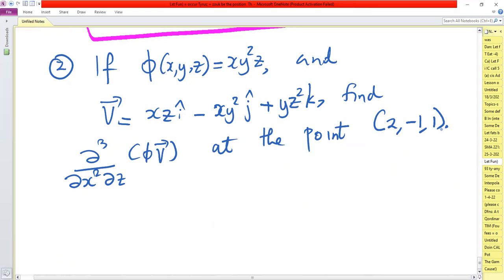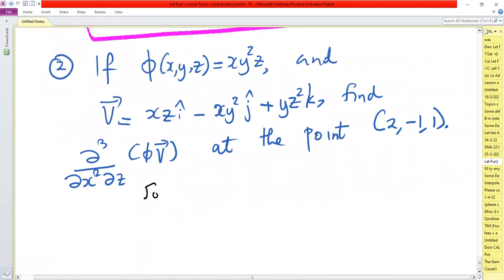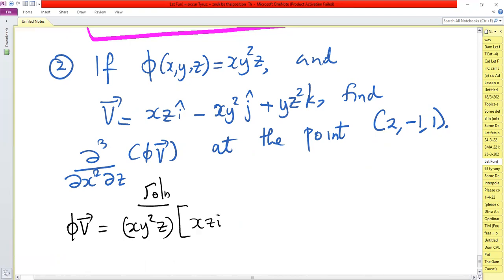Now, the first thing that you're supposed to do in this case is to find phi times v. So solution, phi times v will be given by x y squared z multiplied by xz i minus x y squared j plus y z squared k.